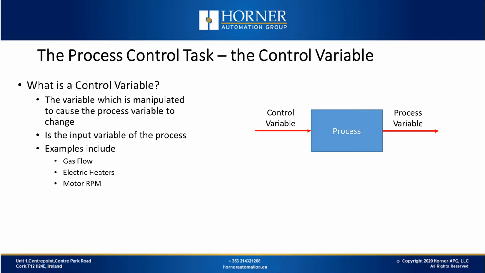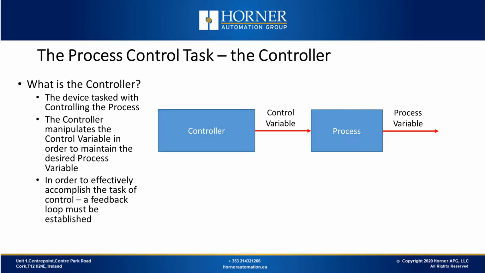If it's a gas pizza oven, it would be the flow of gas from a valve. To make this happen, we need a controller to manipulate the control variable in order to maintain the process variable. Our controller is blind to the process variable at the moment. Without the controller having visibility of the process variable, it won't work, so we need to add a feedback loop.